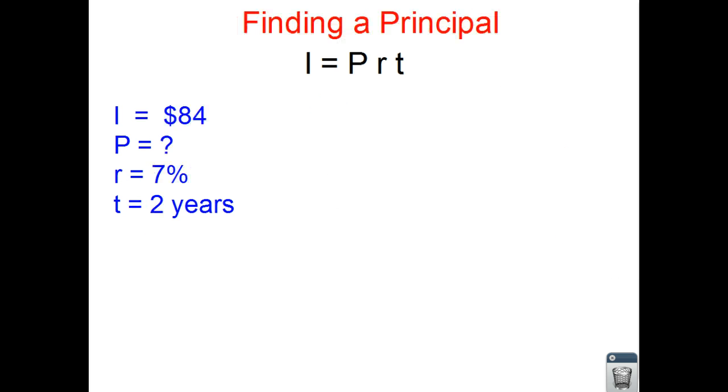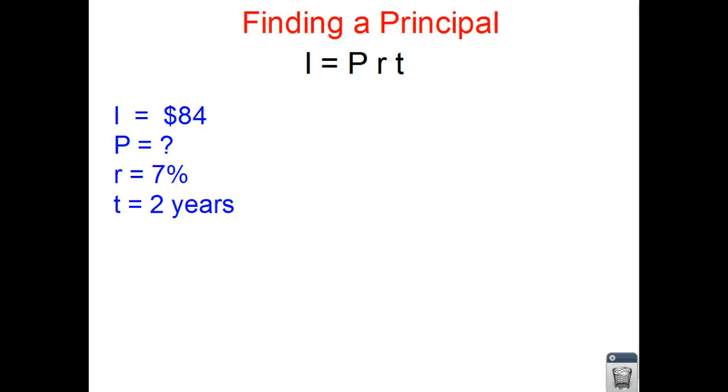Okay, the second type of problem, it looks like we have a missing principal amount. So we know what the interest was after the 2 years with a 7% rate. What was that total amount that we put in? Okay, so same idea. In this lesson, it's basically plugging numbers in and doing the mathematics correctly and then determining what the missing variable is and what that really means to the real world example here.